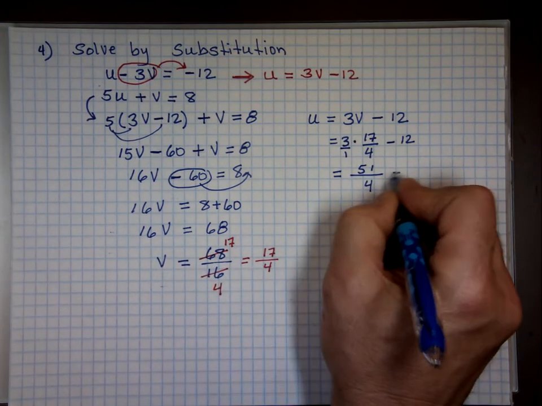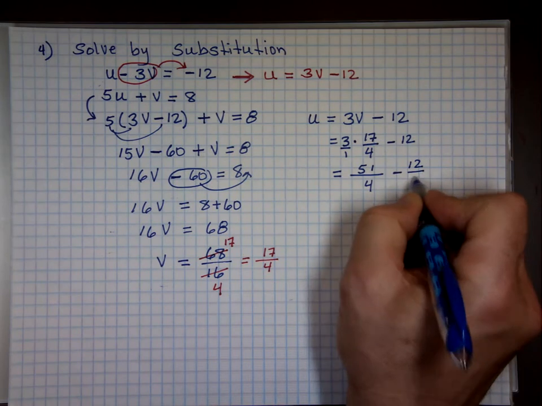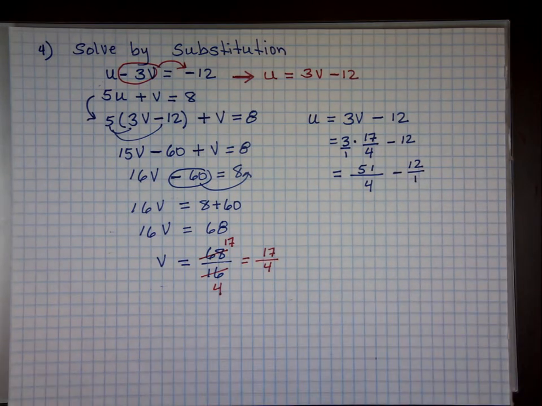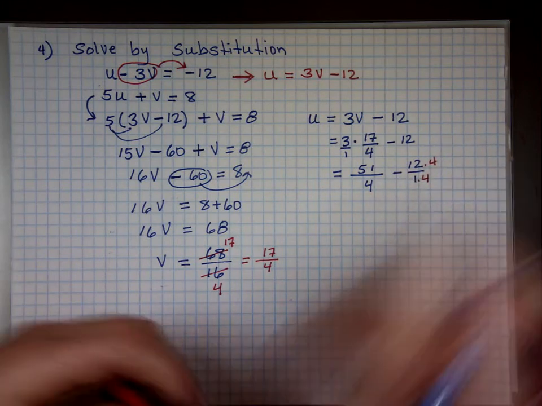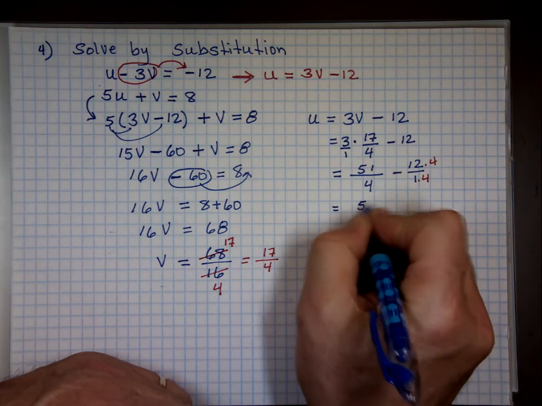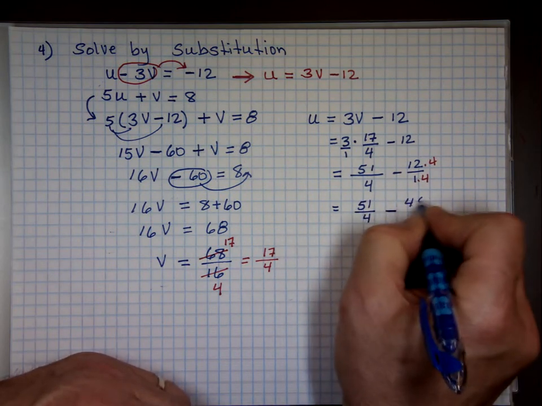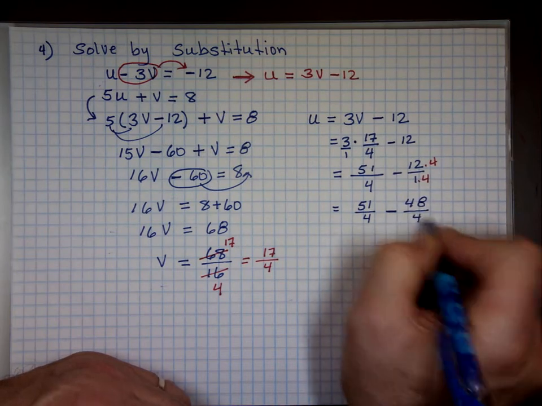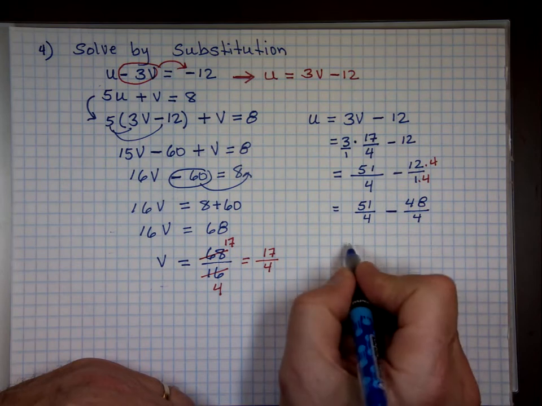Minus 12 over 1. If you're going to add or subtract, you need a common denominator, which is 4. 51 over 4 minus 48 over 4. What's 51 minus 48? 3.